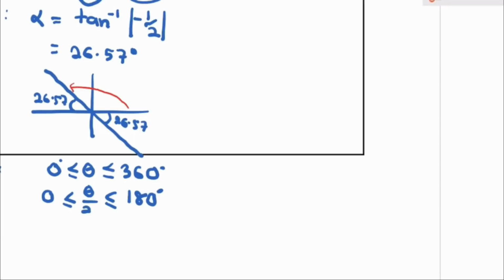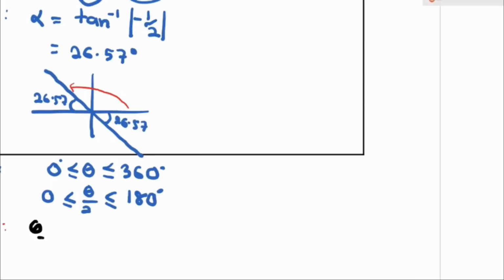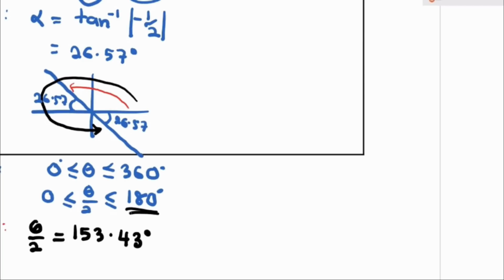So what is this? You want to get there how much? 180 minus 26.57. So the answer is theta over 2 equals 153.43 degrees. If you rotate more, it is already more than 180. Your limit must be up to 180 only, it cannot be more than 180.